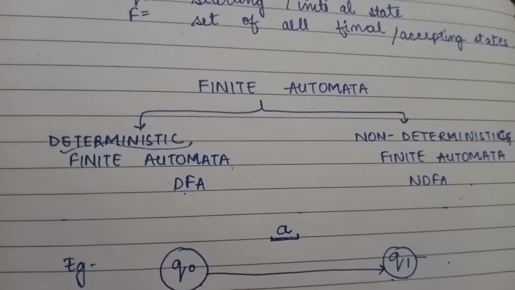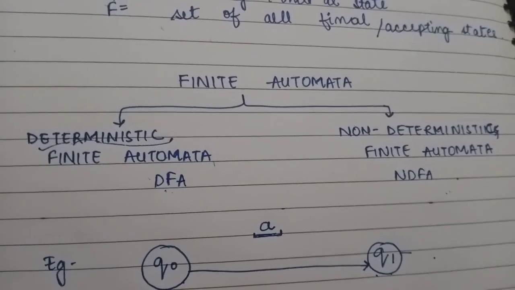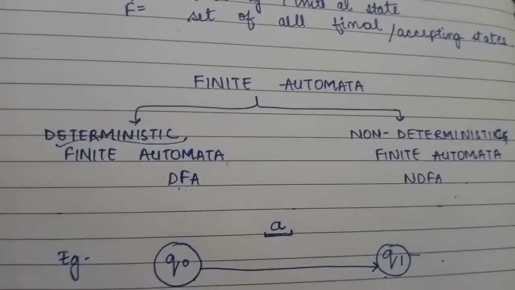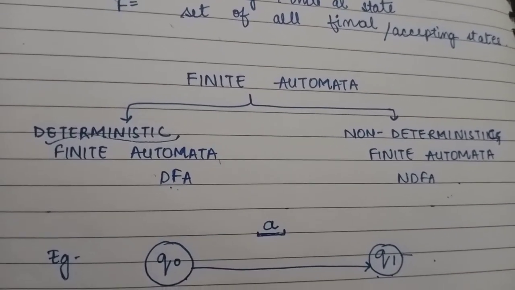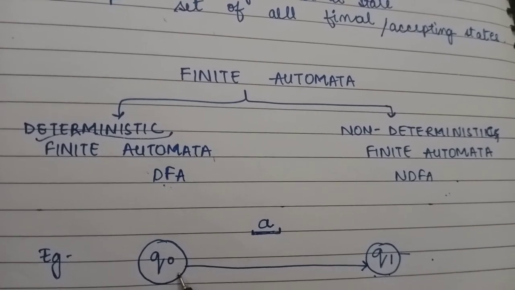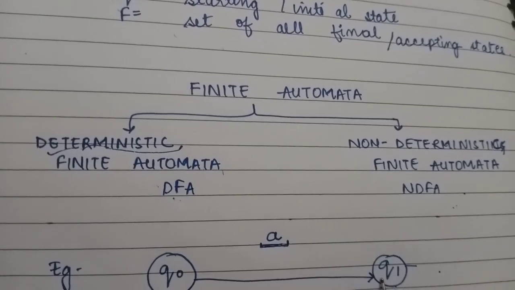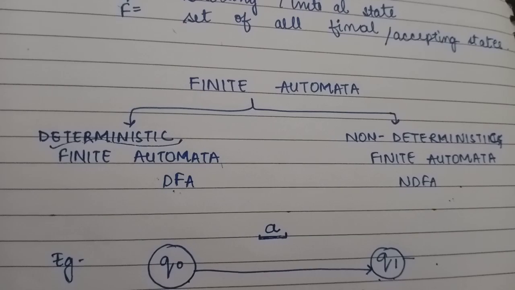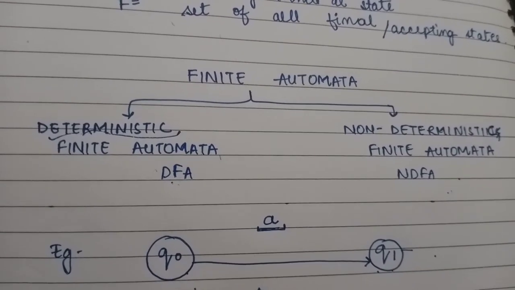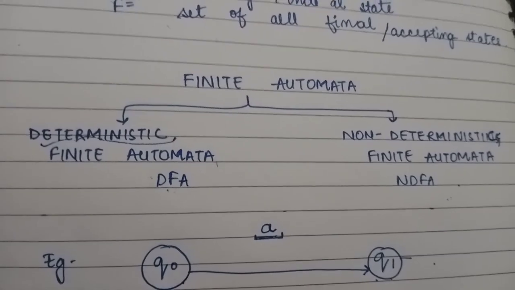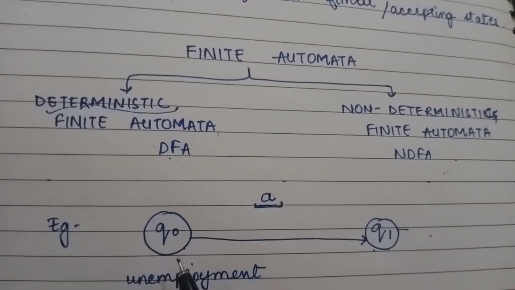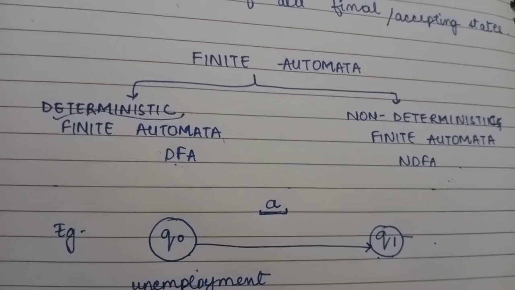Now, let us understand both of these with the help of a daily life and a very basic relatable example. Let us assume that Q naught is our initial state and Q1 is the final state. For our ease of understanding, I am considering this Q naught, this initial state, as unemployment.